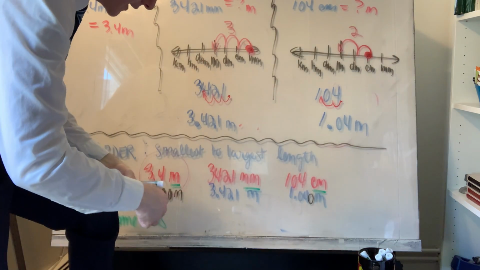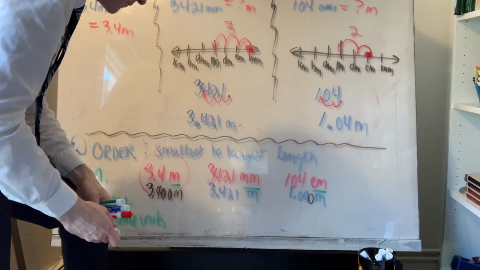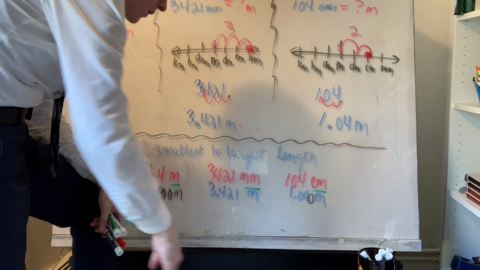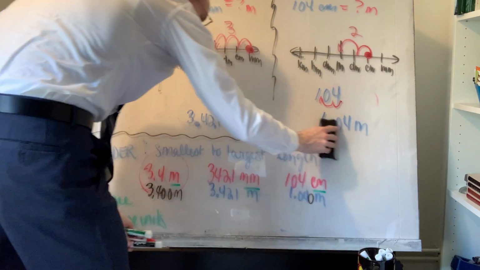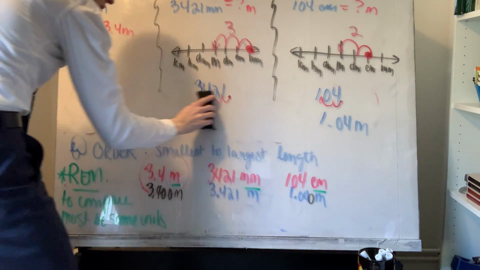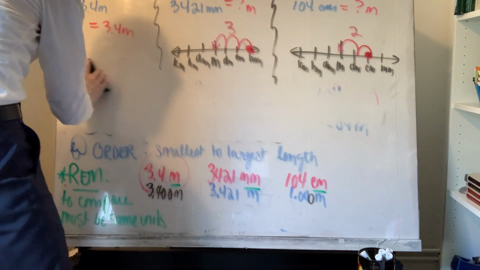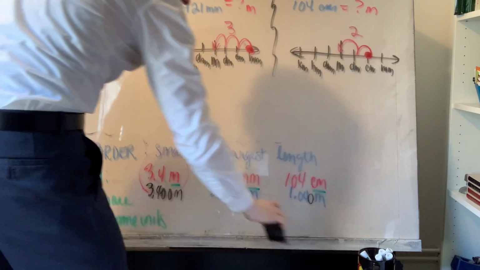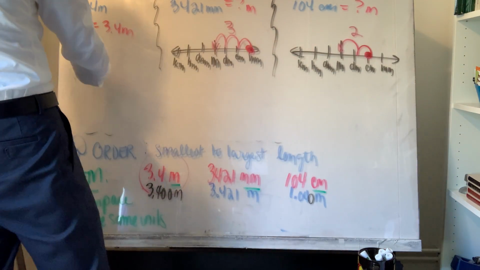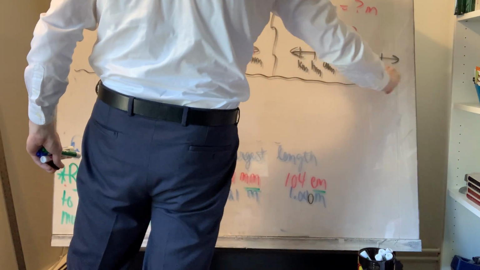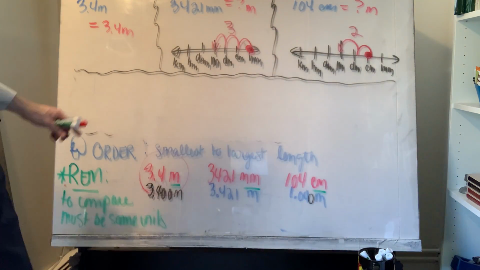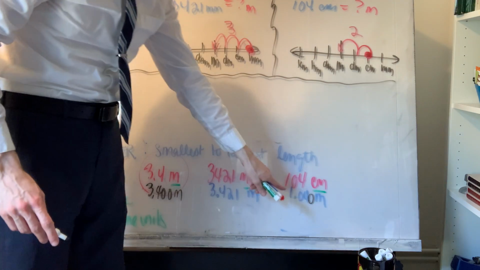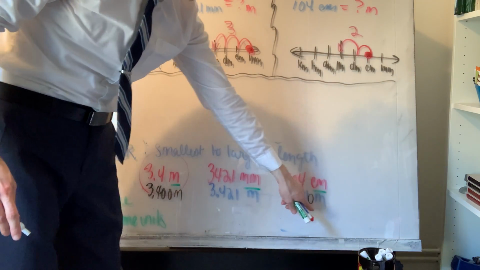So in black, maybe I'll do that right here, just for the sake of space. Let me write this in the middle here. Okay. The smallest is 1.040.